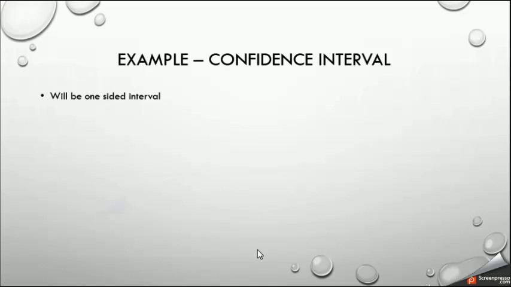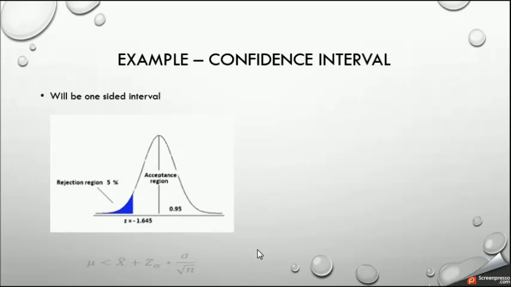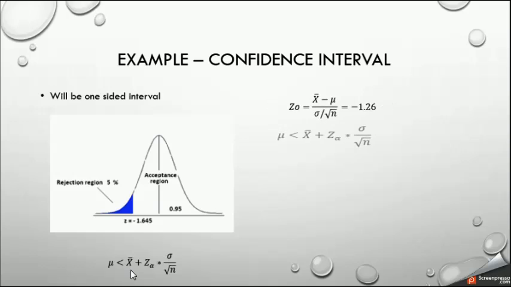We will use a one-sided interval. We will use the same methodology, but now we have mu less than some value, the same analogy we used in the one-sided or two-sided test. We know Z0 from this equation, and we know that mu is less than this.